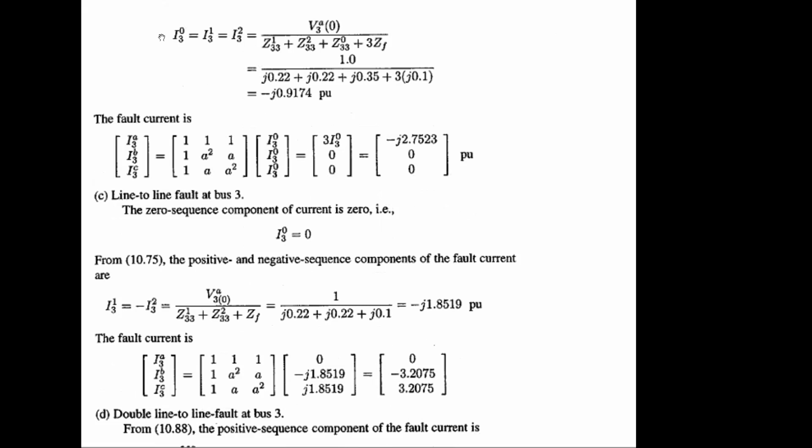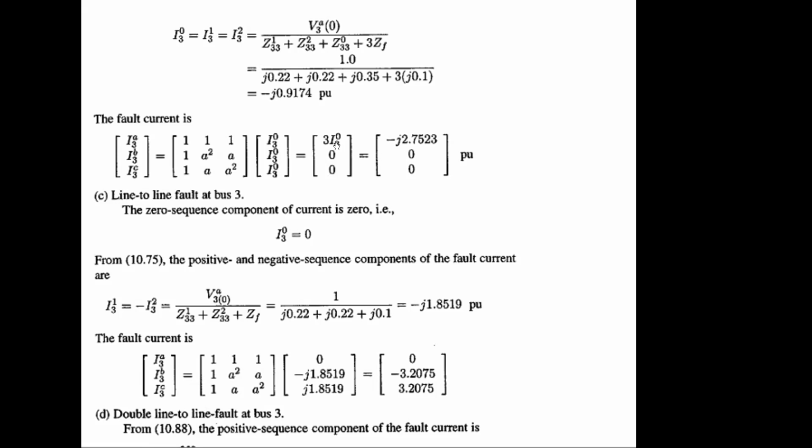If you can recall, this is the IA0, and IA0 will be I3 only, as you have single line to ground for this part, right? IA0, and this is I30, this I3 information in terms of phase A.